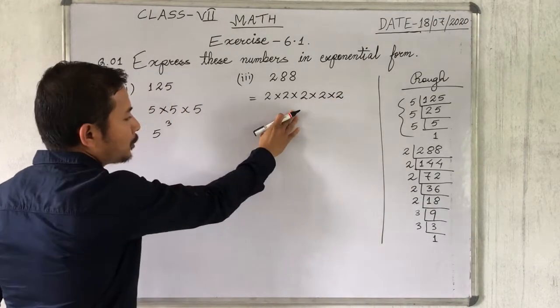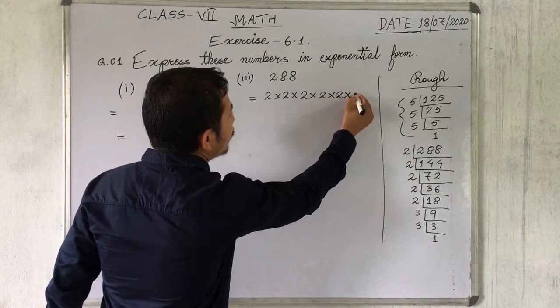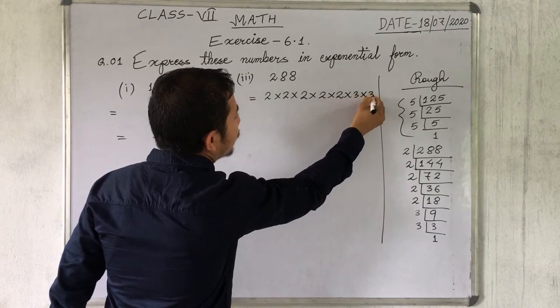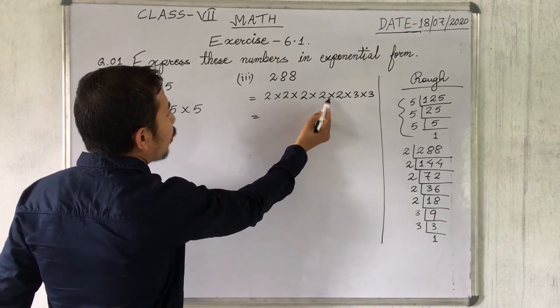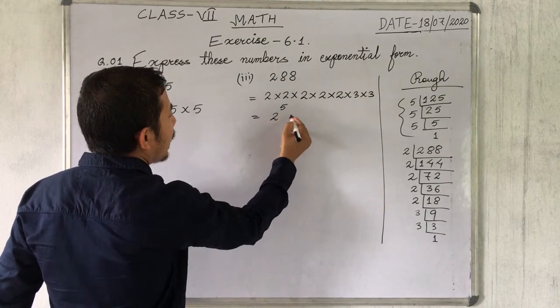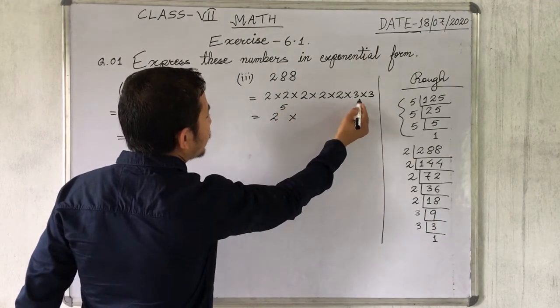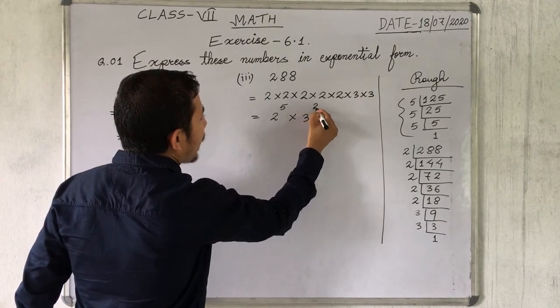I have written 5 twos here, and how many 3's? Two 3's. So into 3 into 3. Now look here, 5 twos. So we can write 2 to the power 5, and into 3 square.